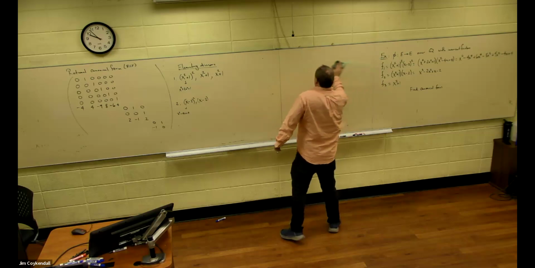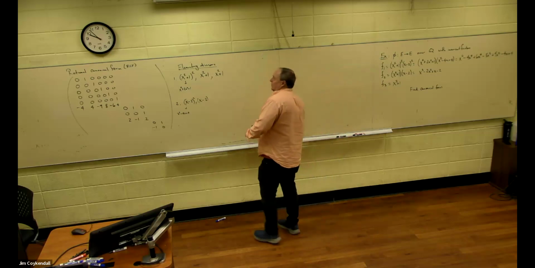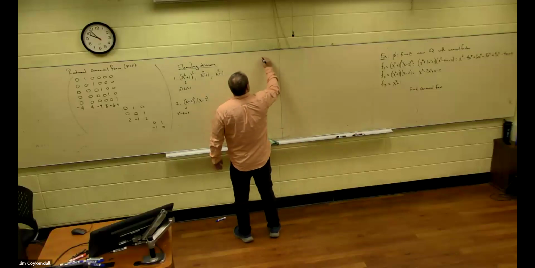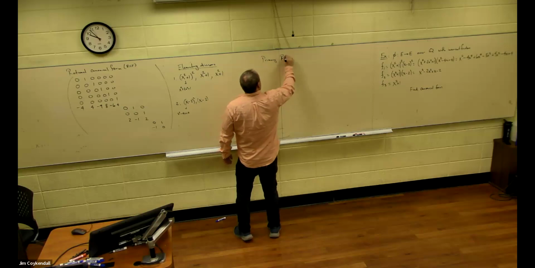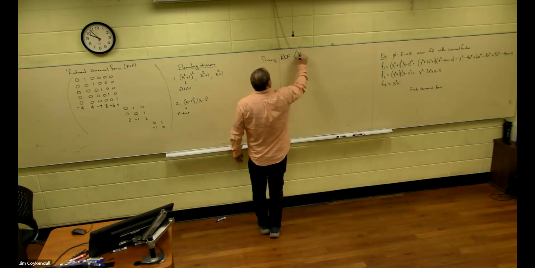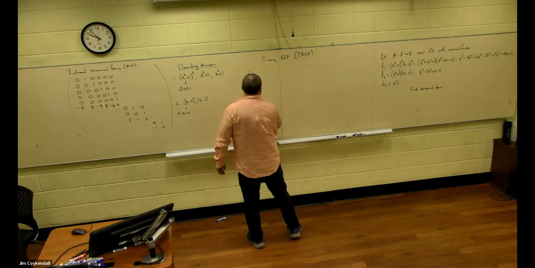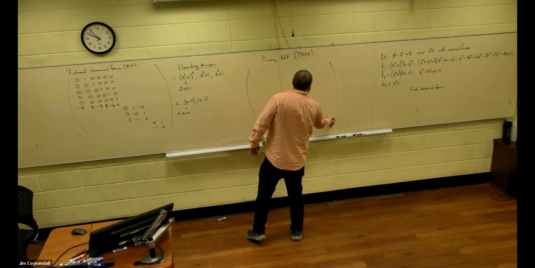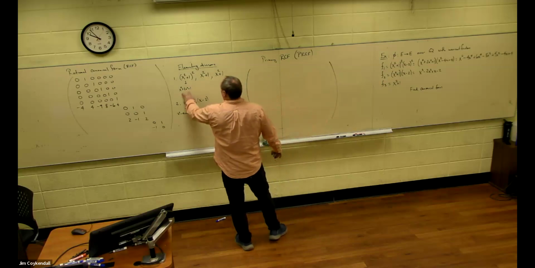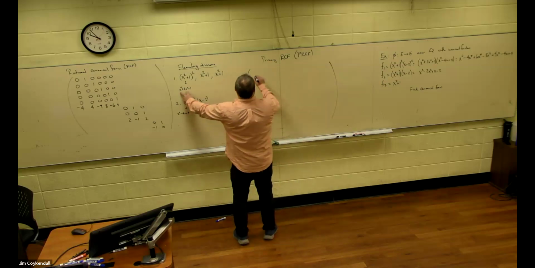So this is called the primary rational canonical form. Again, I'll take this apart piece by piece. The first block is going to be a block of 4.